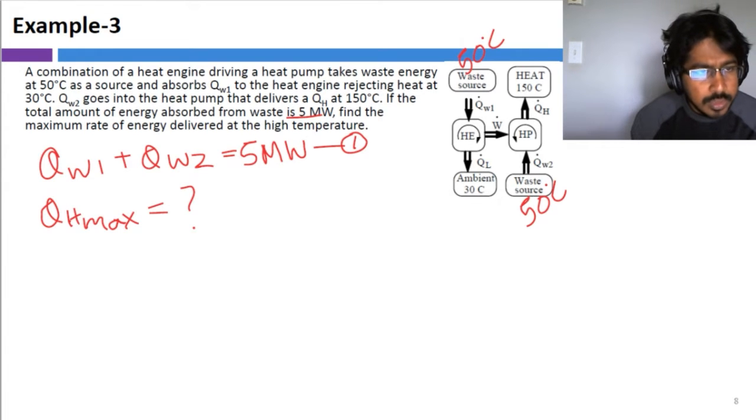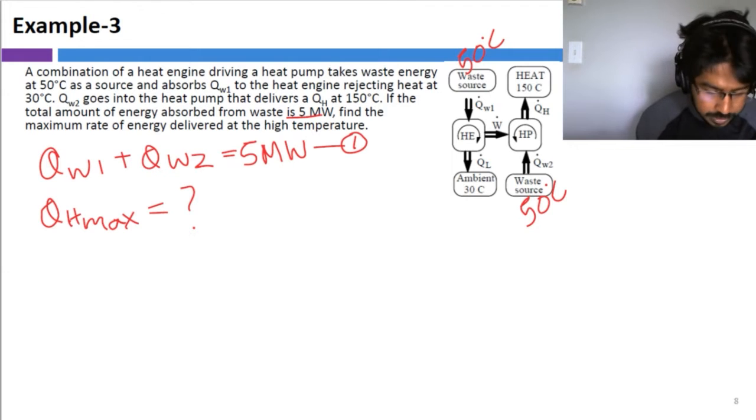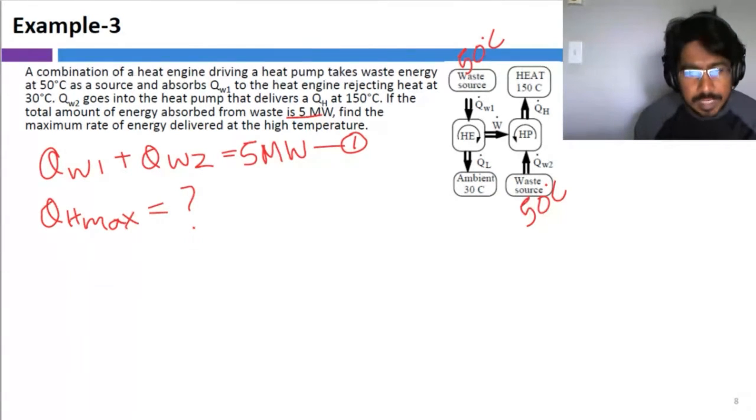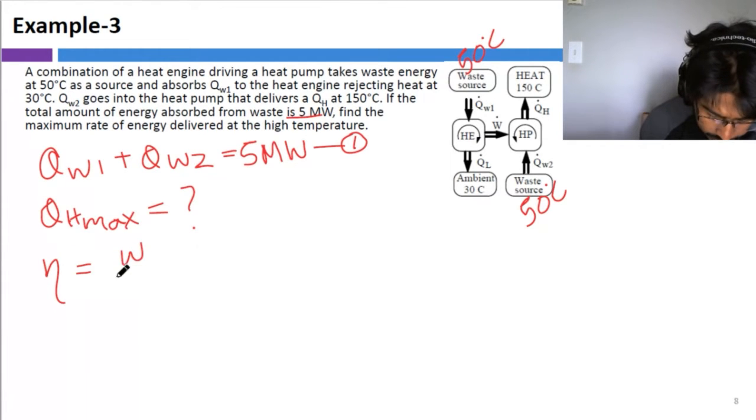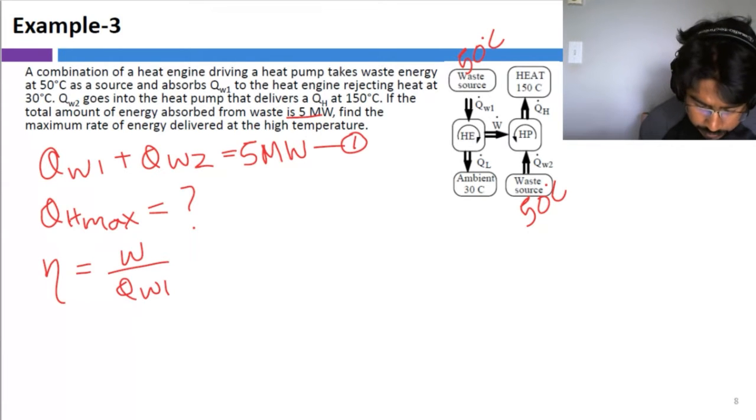Now it asks us to determine the maximum QH, and we agreed it's going to be the Carnot cycles. Therefore, if we consider the heat engine, efficiency can be written as W output, the desired work, over QW1, the heat input.